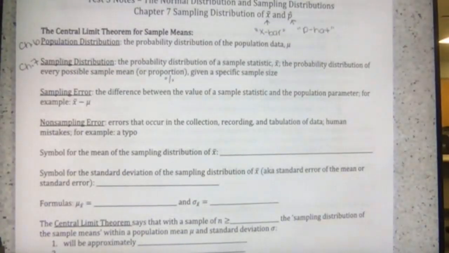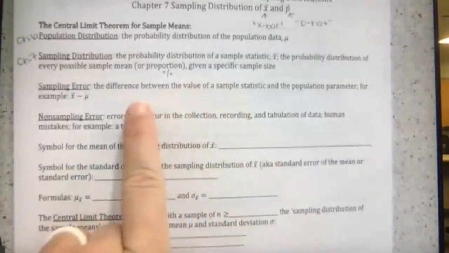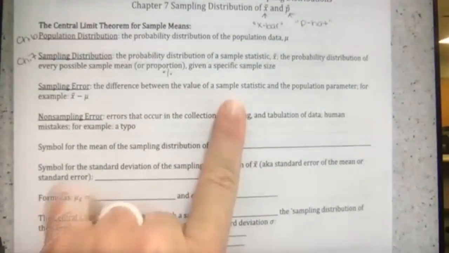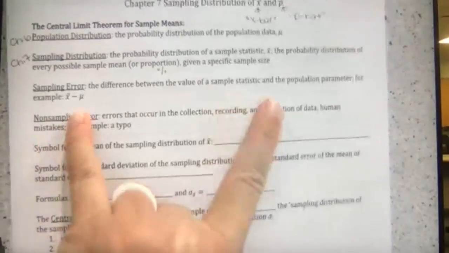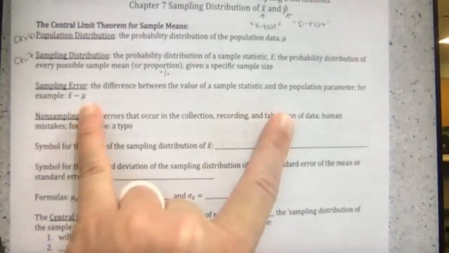So a sampling error is the difference between the value of the sample statistic and the population parameter. The difference means subtracting. So we are subtracting the sample statistic, which is X bar, and the population parameter, which is mu.